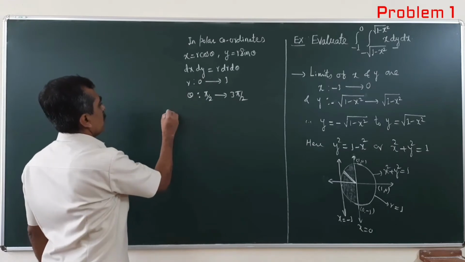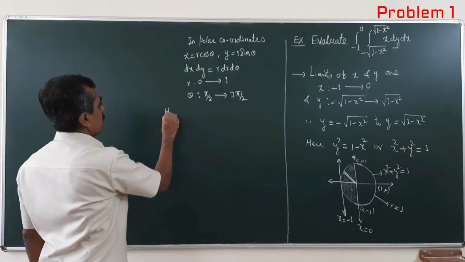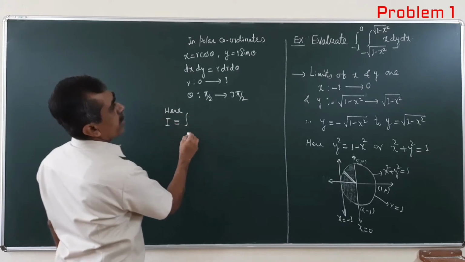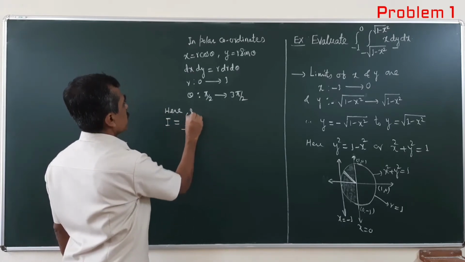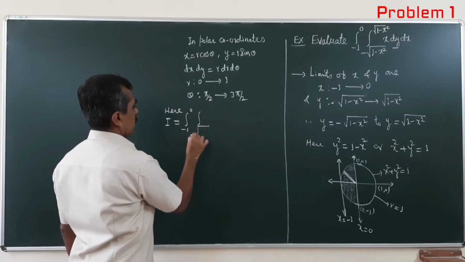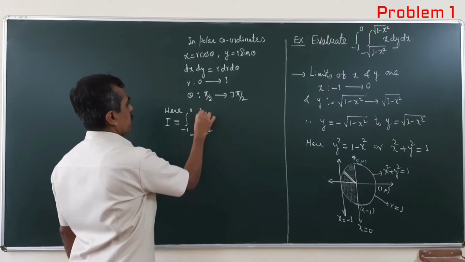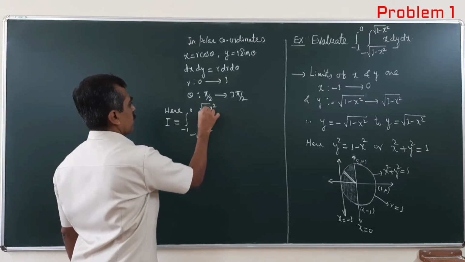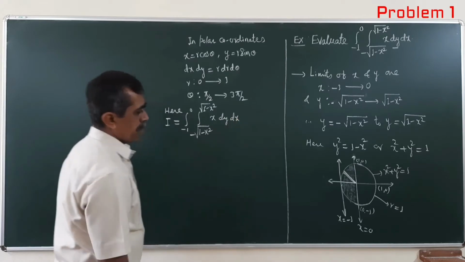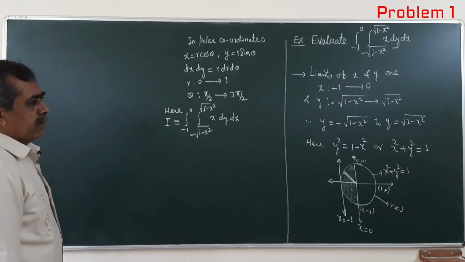Here I is equal to integral from minus 1 to 0, integral from minus under root 1 minus x square to under root 1 minus x square, x dy dx.